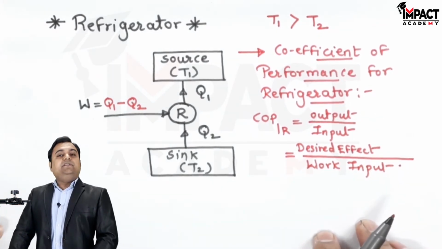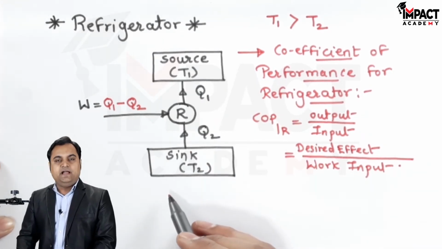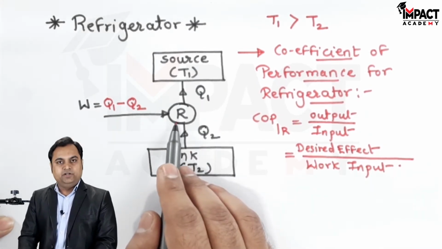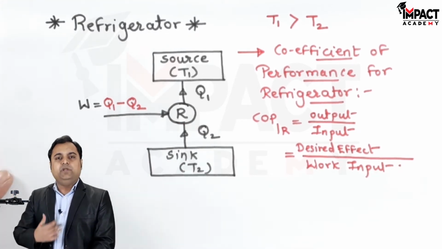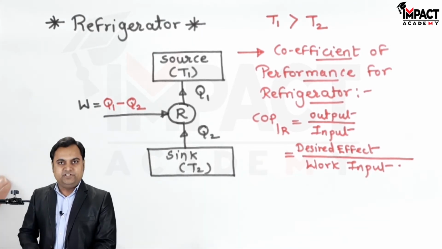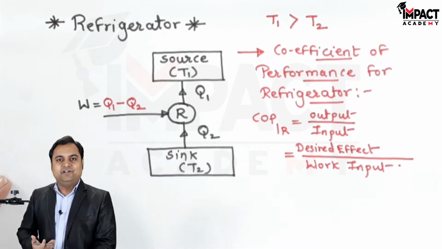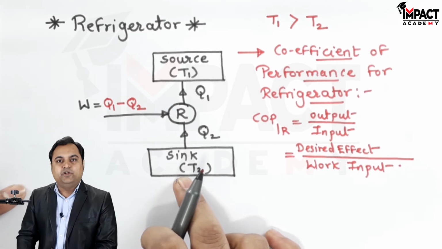Now how to get the desired effect? Whenever we have a source and sink and there is a refrigerator which is maintaining a continuously low temperature, we have to imagine that we are in the sink, because we are going to feel the desired effect of the refrigerator, or the refrigeration effect of an air conditioner, when we are in the low temperature reservoir.